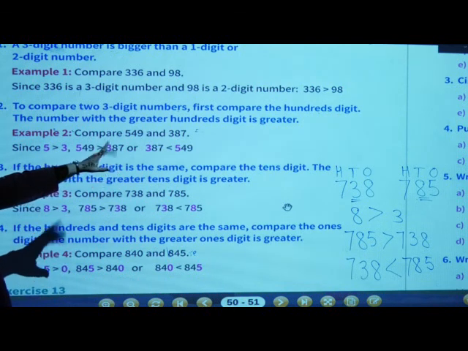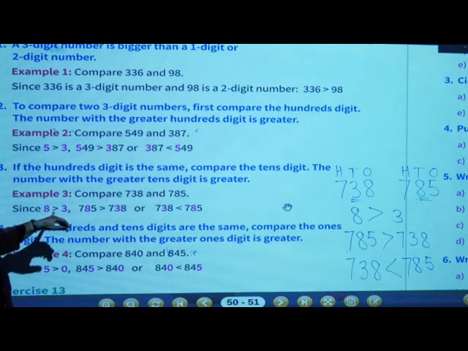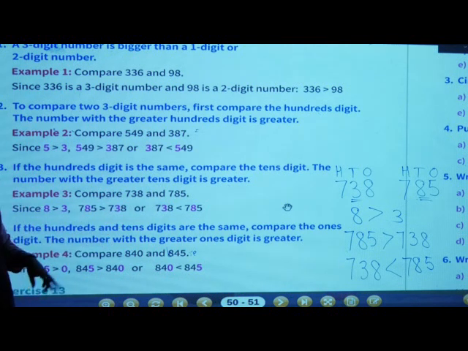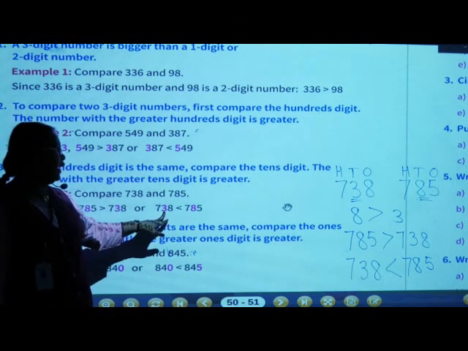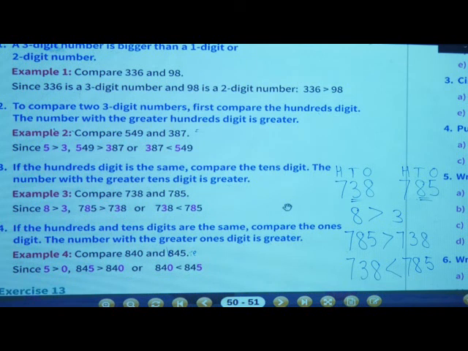And what is in the next tens place? 8. So we took 8 and 3. Between 8 and 3, which is the greater number? 8 is the greater number. So 785 is greater than 738, or 738 is smaller than 785.